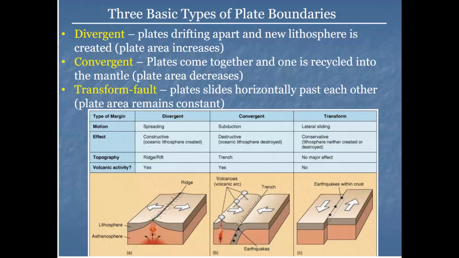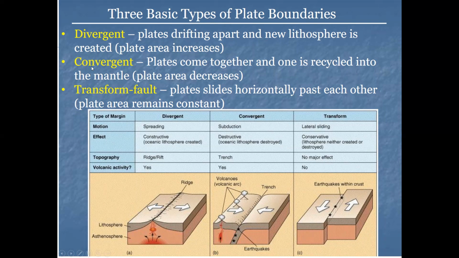So now there are three types of plate boundaries. There is what is called a divergent plate boundary, which involves plates drifting apart and a new lithosphere is created. So plate area increases. They are also called constructive plate boundaries.